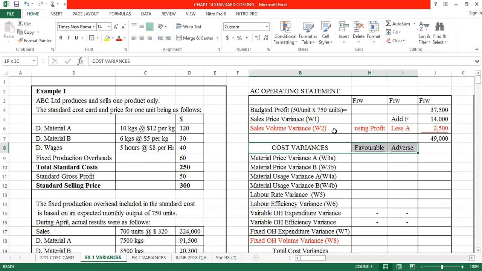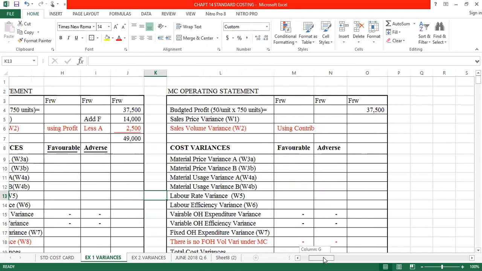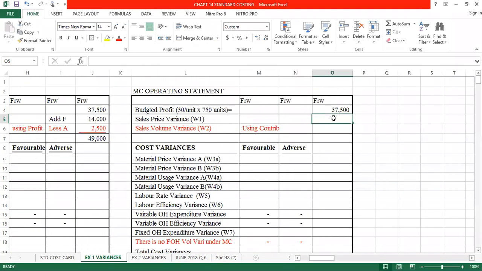Now we go to the cost variances. Now we can also complete this one because we already know the answers. Working one is still that 14,000. But now using, you less A, you add F. If it is F, you add. If it is A, you less.